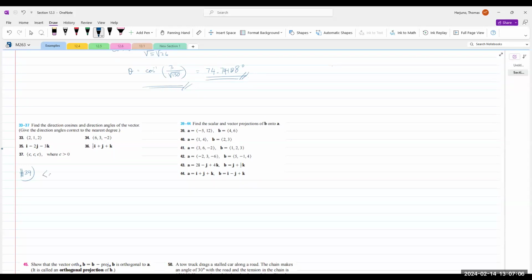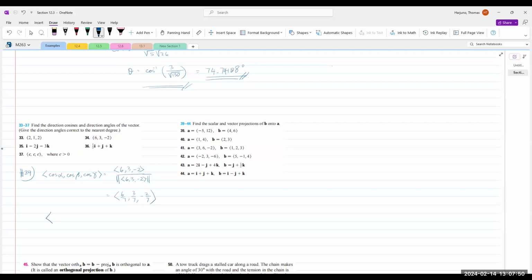So direction cosines, cosine alpha, cosine beta, cosine gamma, equal the unit vector of that vector, which is (6, 3, -2) over the magnitude of (6, 3, -2). That will give us the square root of 36 plus 9, which is 45, plus 4, 49. That's 7. So that will be 6 over 7, 3 over 7, negative 2 over 7.